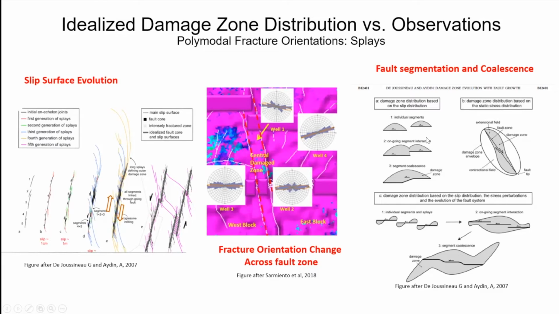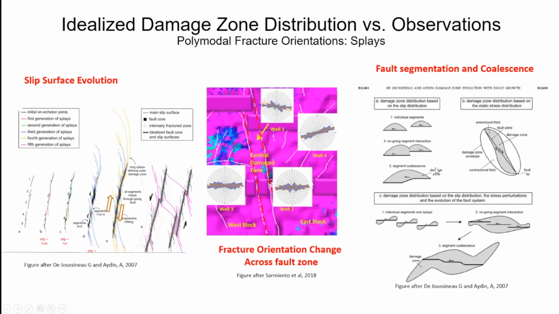And on the right, this is a nice cartoon that they have developed where they combine the damage zone based exclusively on a slip distribution of individual segments that eventually coalesce as the fault progression continues.